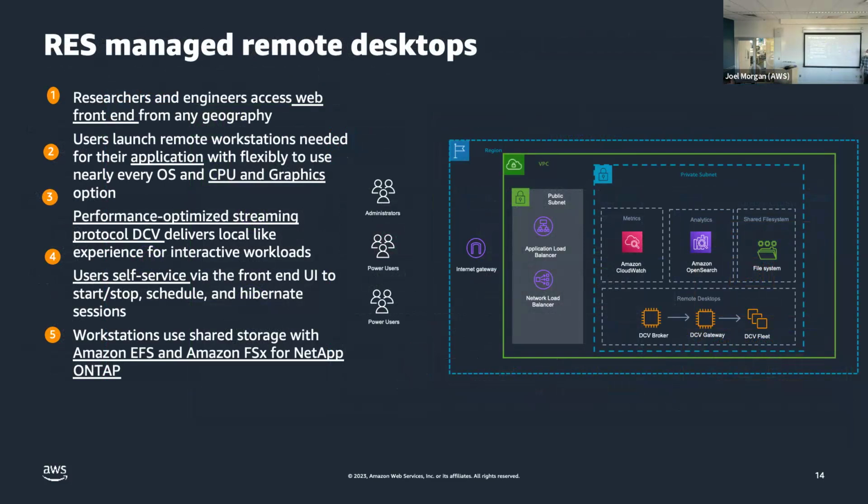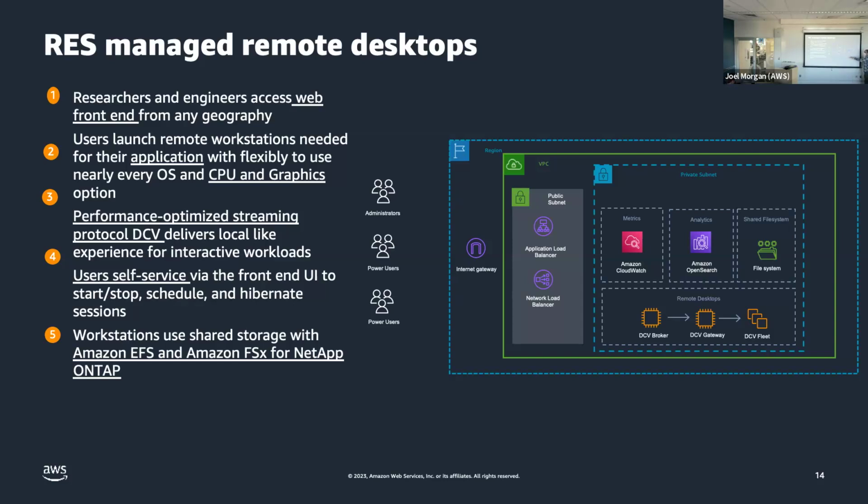Public subnet really just means it has access to an internet gateway. It can get out to the internet. And in there, we have an application load balancer and a network load balancer, which are exactly what they sound like. You connect to the load balancer, and then it distributes that network traffic to things on the other side of it. So this is what we're deploying here with RES.